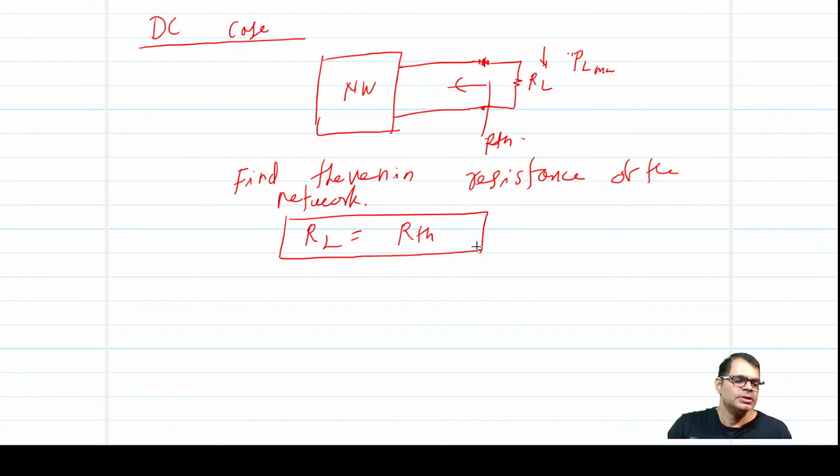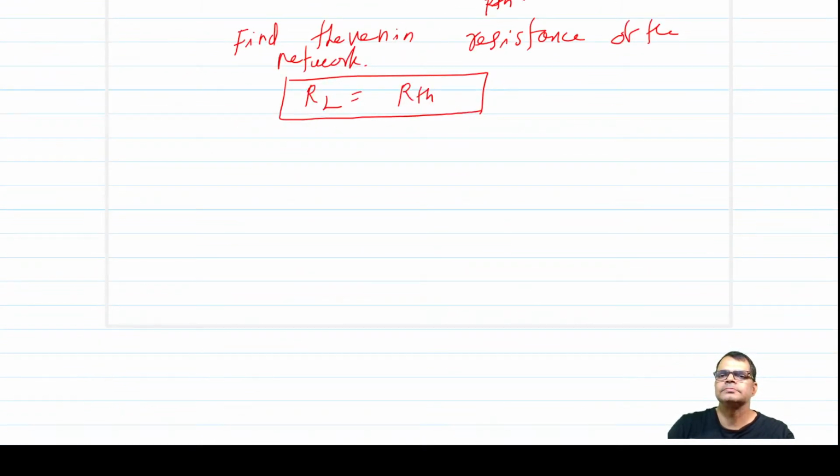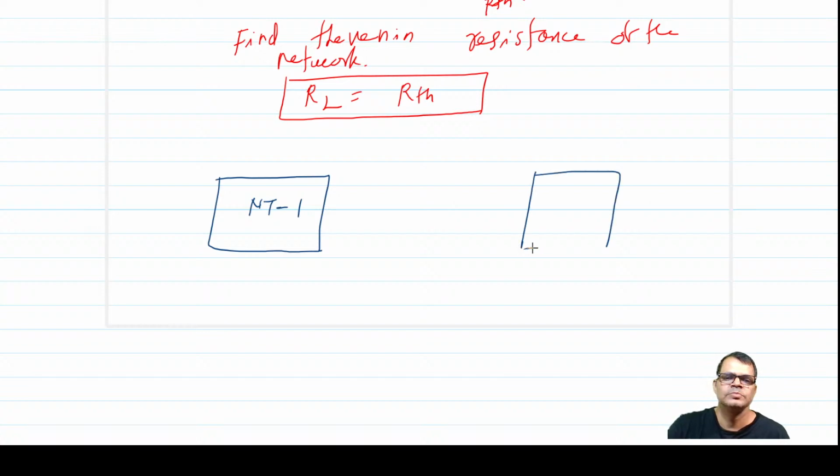Good. Now the case is, suppose you have two networks, or you can say two circuits, and the connection is like this.